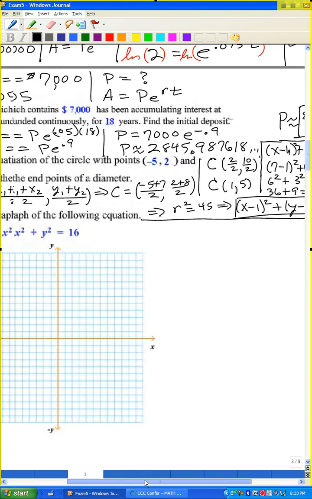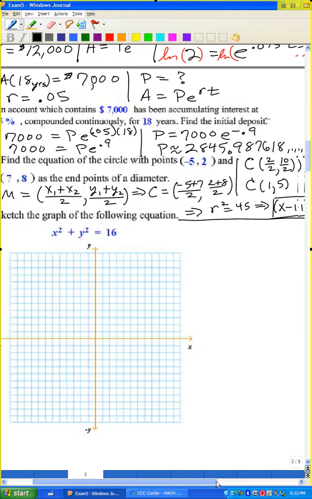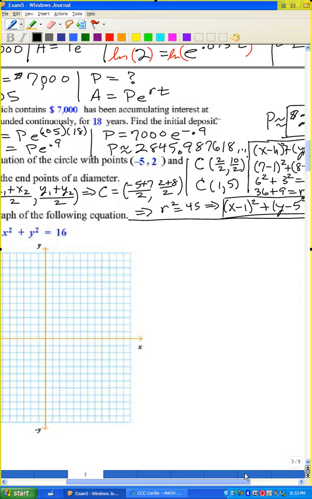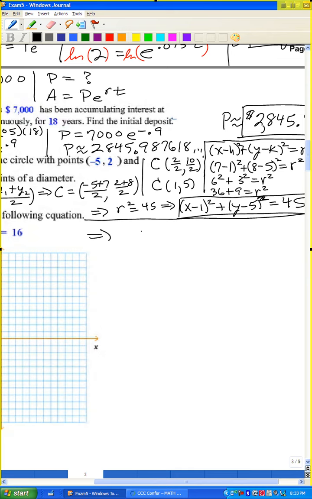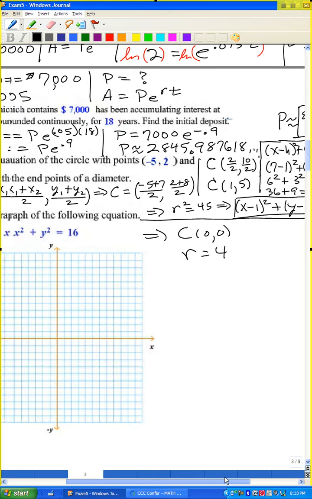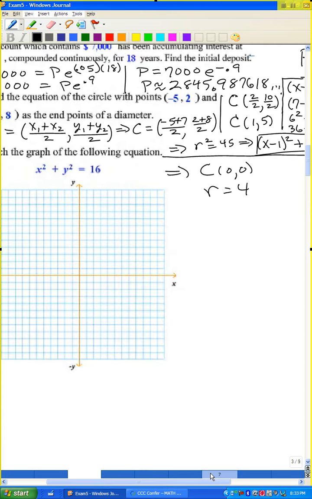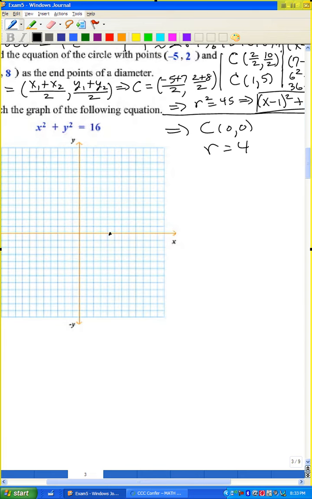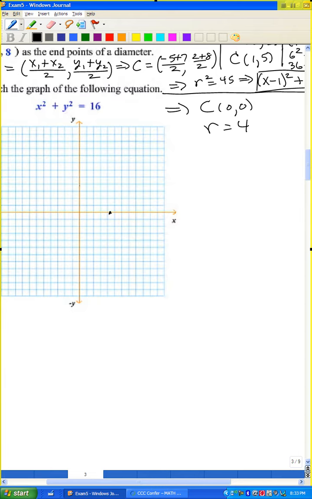Okay, sketch the graph. Oh, so I don't need that much for this one. I should have. So the center is at the origin. R is 4. So it's just seeing if I can actually do this. So 1, 2, 3, 4. 1, 2, 3, 4.